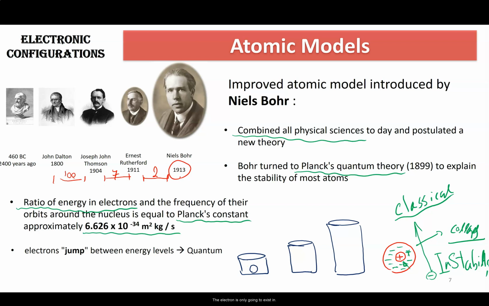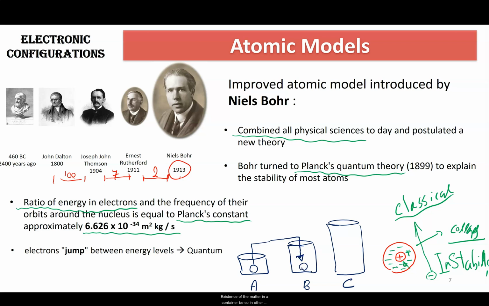The electron is only going to exist in that container. Let me call these container A, container B, container C. If the electron wants to go from container A to B, once it leaves container A, it has to go into a non-existent state of matter and then re-exist in container B.